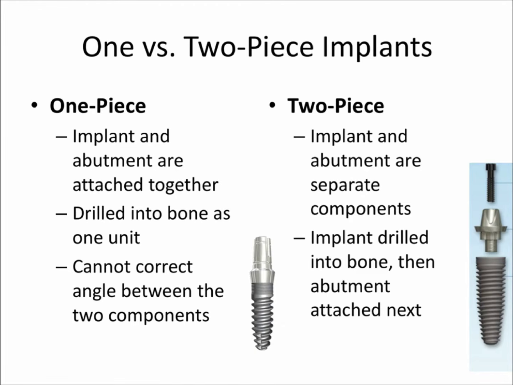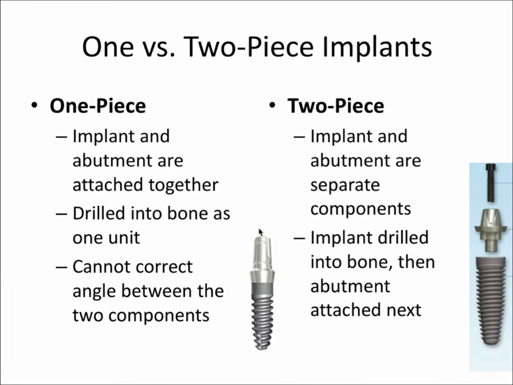Now let's talk about one-piece versus two-piece implants. So the one-piece implant, and this is not to be confused with the one- and two-piece abutments, is where the implant body and the abutment are physically attached together.